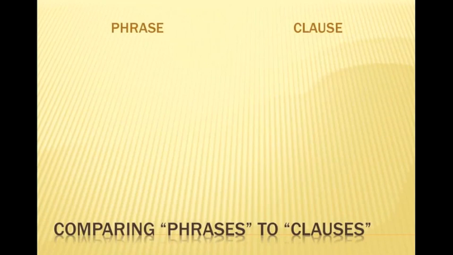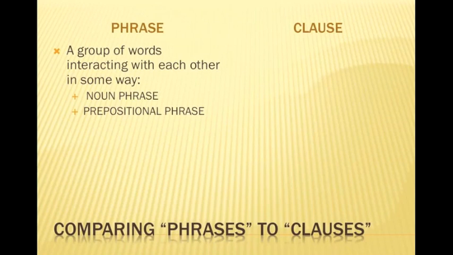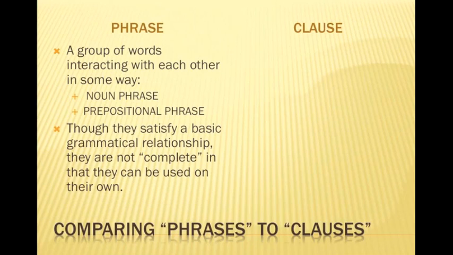So again, when comparing phrases to clauses, remember that a phrase is just a group of words that interact with each other in some way. So for example, noun phrases or prepositional phrases. Though they satisfy a basic grammatical relationship, as we've said before, they're not complete in the fact that you can use them by themselves and have a complete grammatical idea.